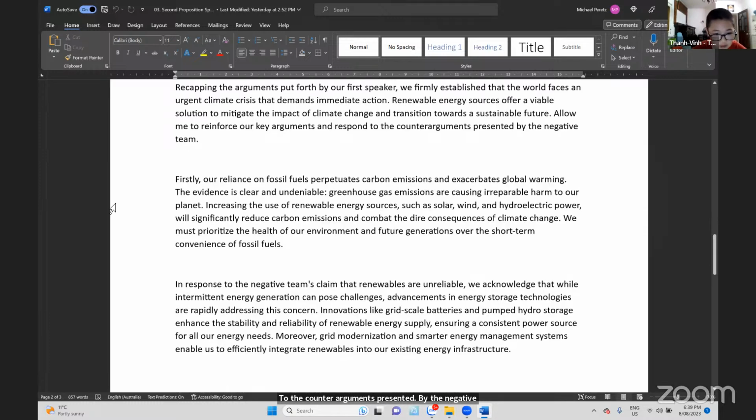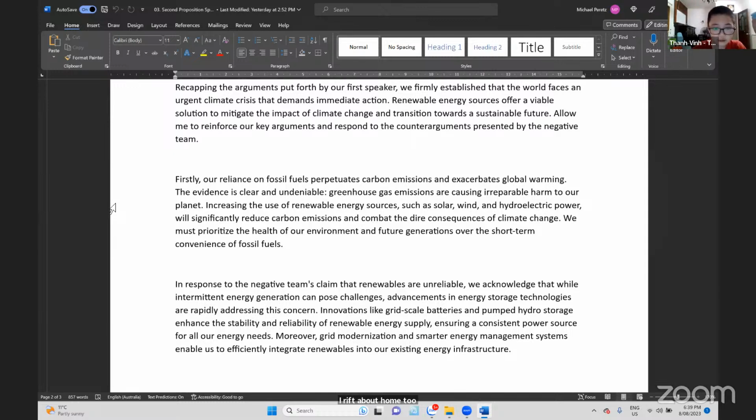Firstly, our reliance on fossil fuels perpetuates carbon emissions and exacerbates global warming. The evidence is clear and undeniable. Greenhouse gas emissions are causing irreversible harm to our planet.